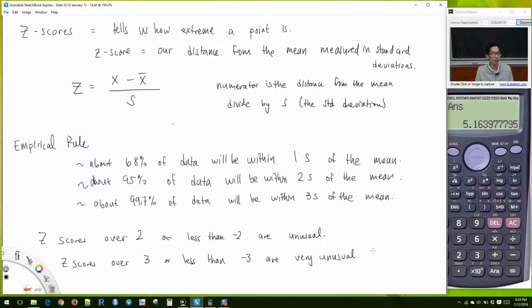But if the doctor says your z-score is plus 2.8, you'd say, oh, that's quite unusual. And if the doctor says it's plus 3.4, you'd say, oh, that's very unusual. Or if the doctor says your z-score is negative 3.4, then that's very unusual, but on the lower end. So these are good guidelines. Z-scores over 2 or under -2 are unusual, and z-scores over 3 or less than -3 are very unusual.